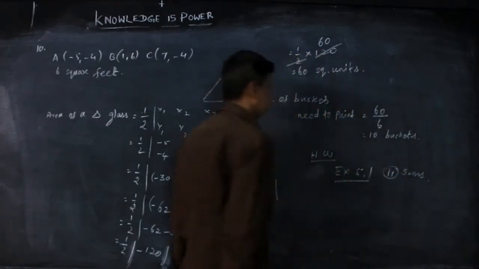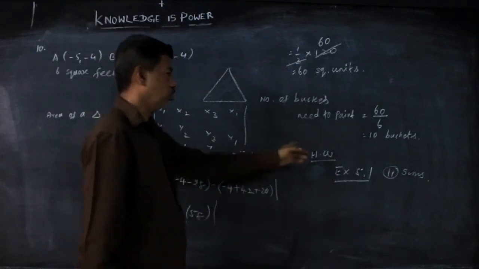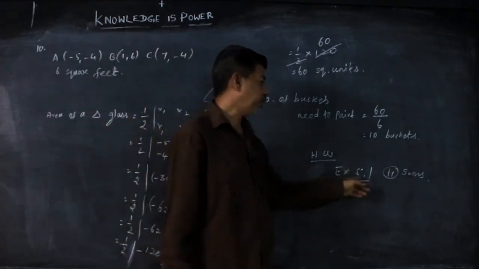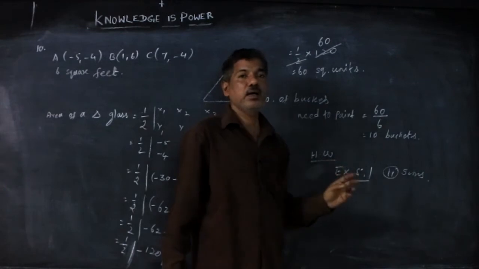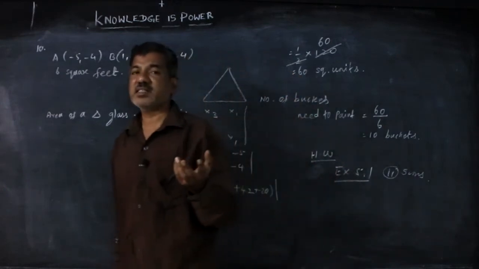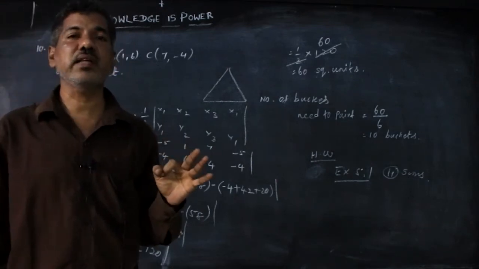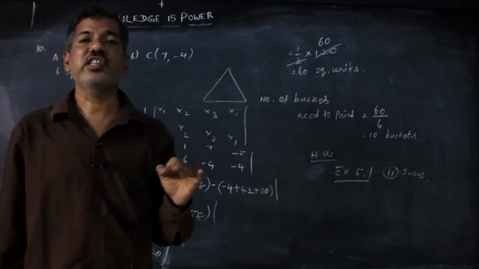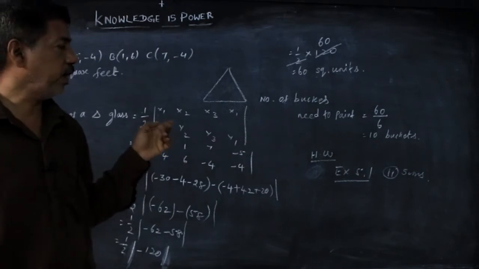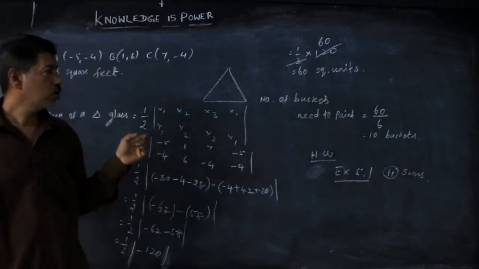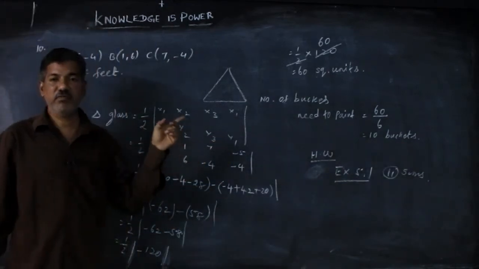So noted that exercise 5.1, 11th sum will be homework. In previous classes I gave some homework in the same exercise. I think I gave 3 sums in this exercise. This is the 4th one. Okay, so note the homework and try it by yourself.